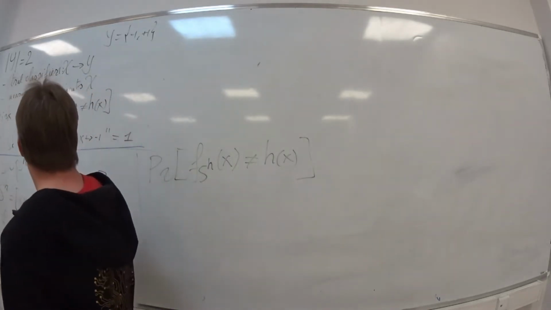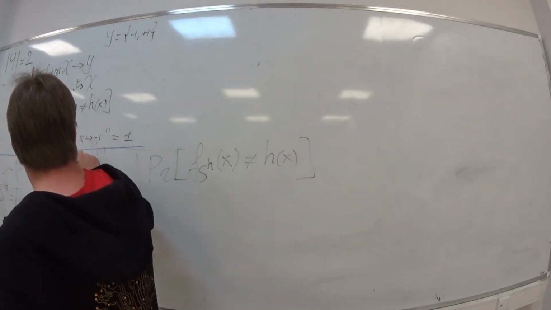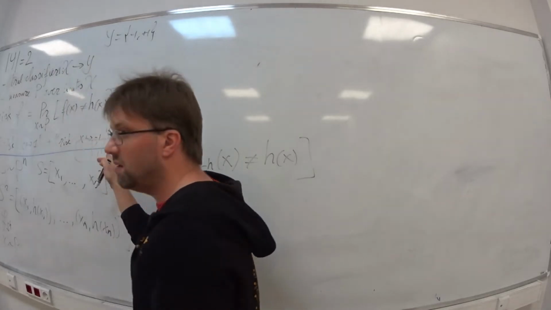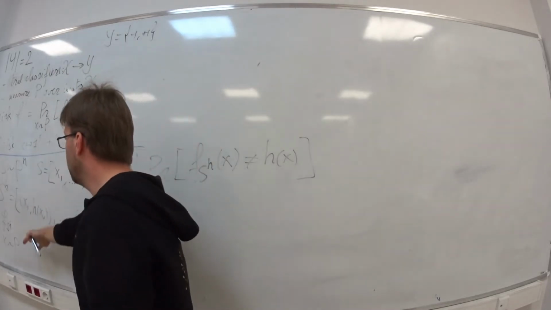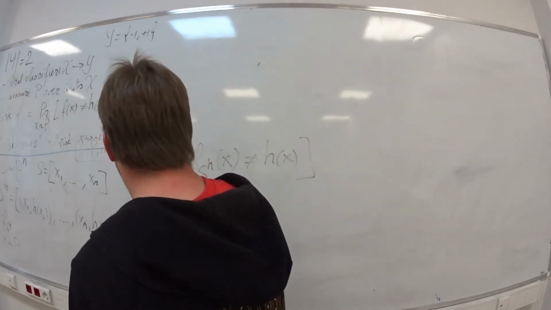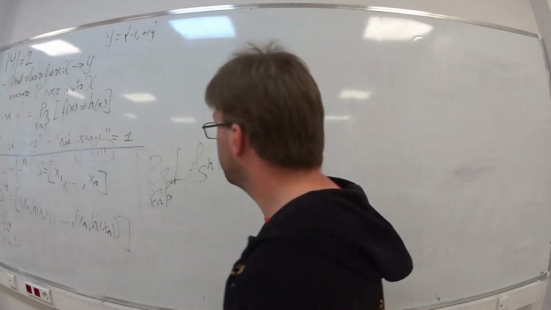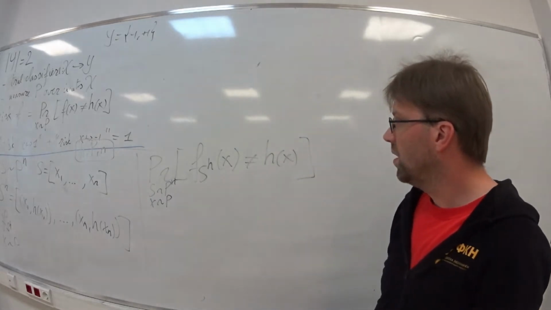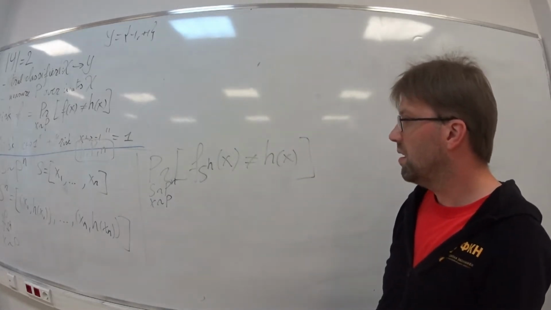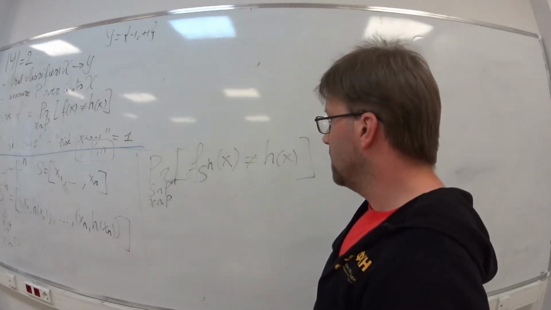So the things that are fixed here are H, P, and n. Once we fix these three things, we've specified a classification problem, and we can measure the performance. So that's our performance.